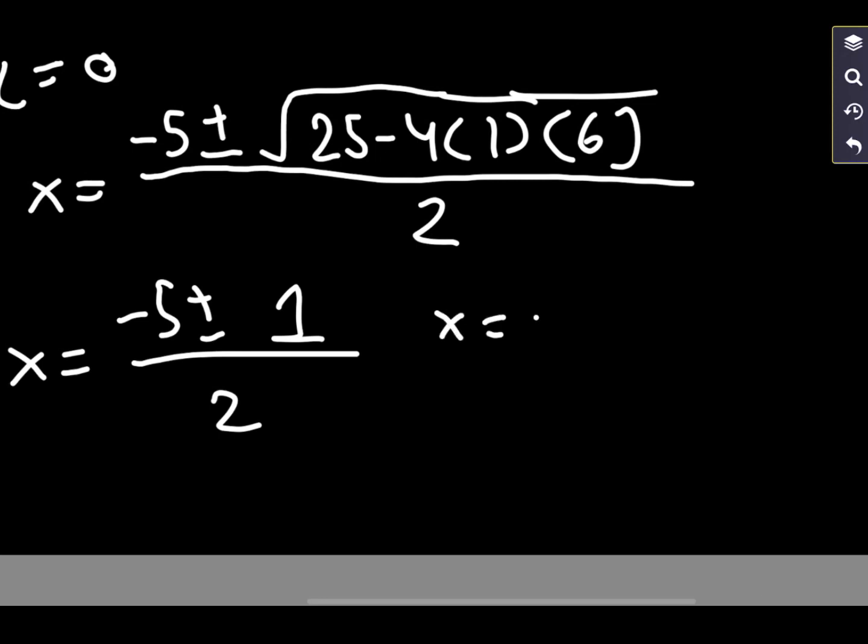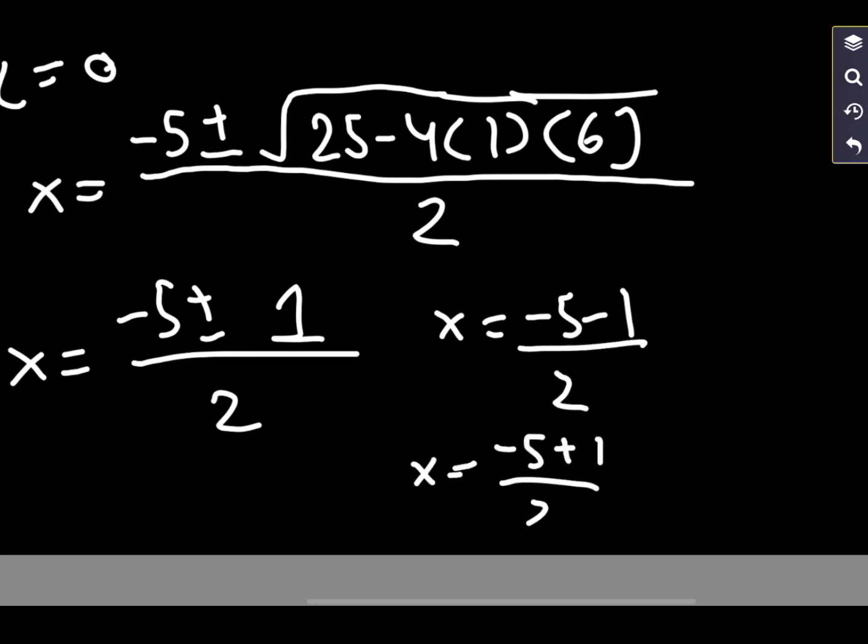So x equals negative 5 minus 1 divided by 2, and x equals negative 5 plus 1 divided by 2. Basically all I did was I separated the plus or minus into two separate equations, you see. So we have negative 5 minus 1, and in the second equation we have negative 5 plus 1.